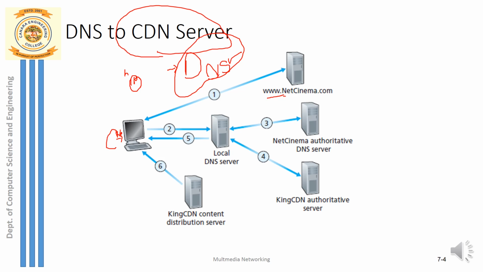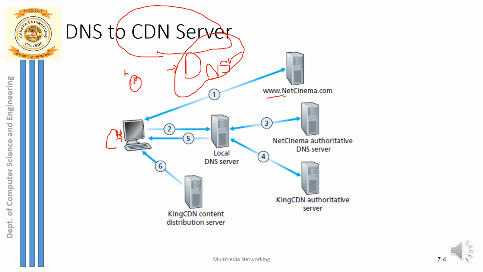Now, the moment the user clicks on the particular video link, the request is redirected to the local DNS server. Local means nearer to the client. Once the local DNS server receives this request in the form of a URL, it redirects the host name that the request contains to netcinema's authoritative DNS server.